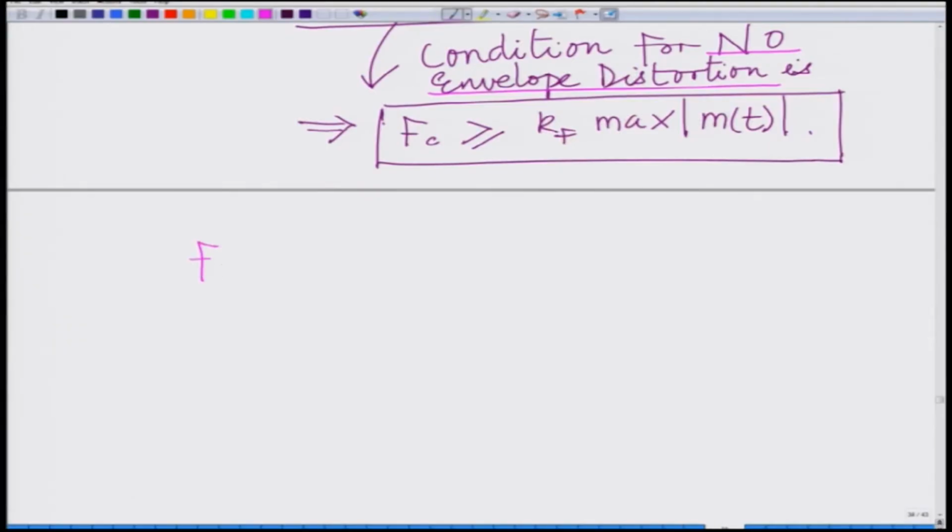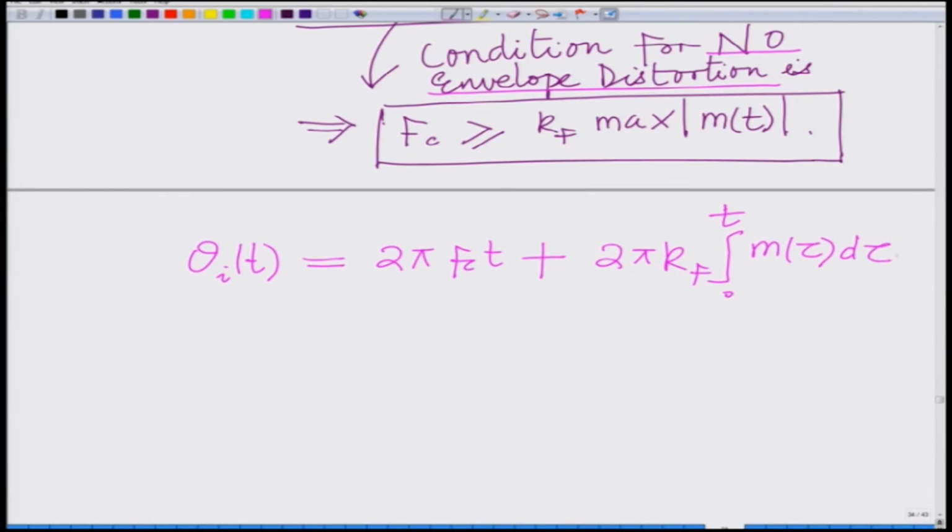The instantaneous frequency f_i(t) is basically given by the phase, which is 2 pi f_c t plus 2 pi k_f integral from 0 to t of m(tau) d tau.